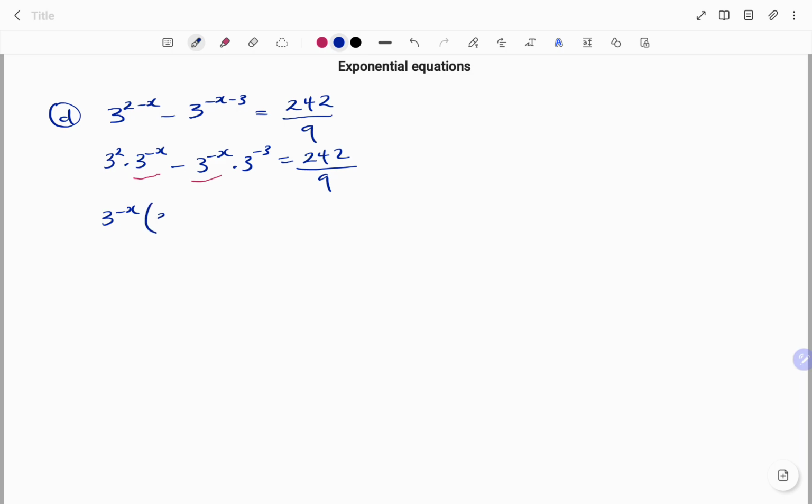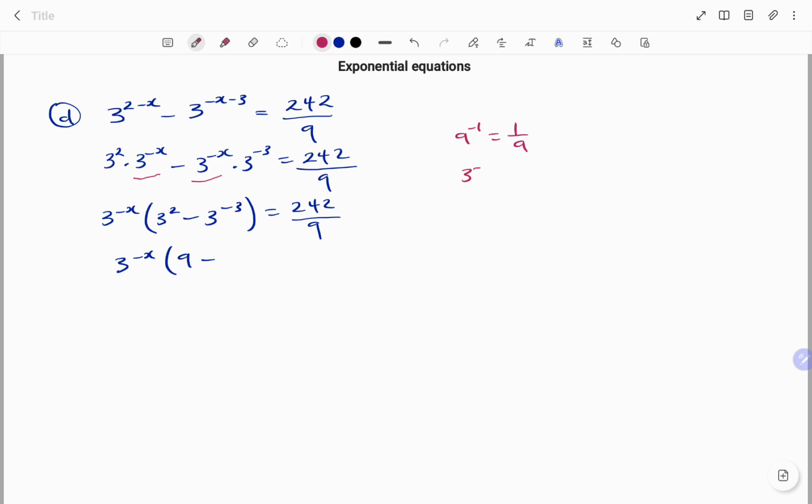On my left hand side, I have 3 to the power of minus x in brackets, 3 squared minus 3 to the power of minus 3, equals 242 over 9. 3 squared will give me 9, minus, if I change, I have a minus 1 exponent; writing it as a fraction is the same as 1 over a.